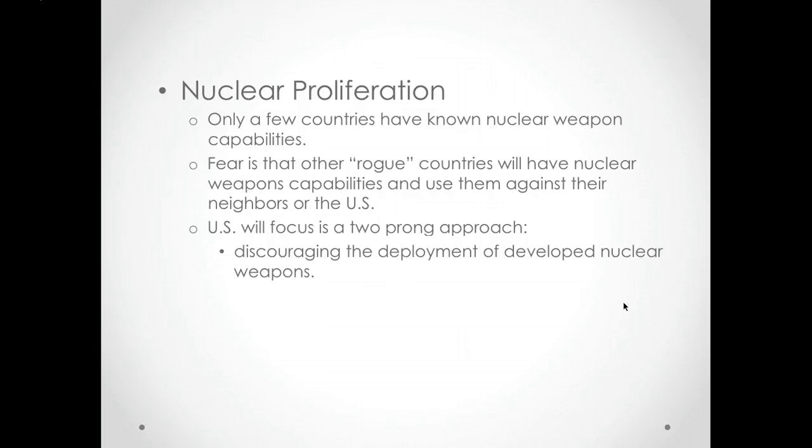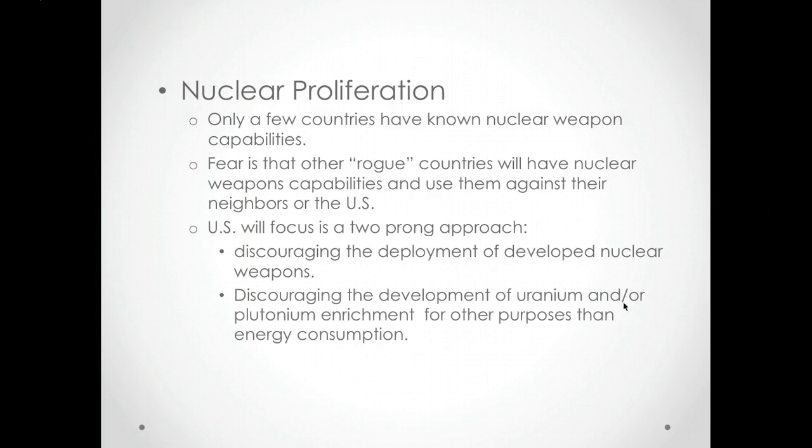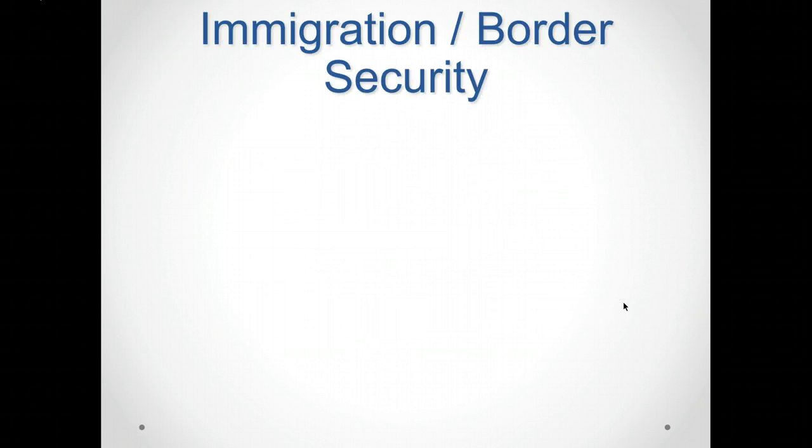The United States then gave them financial incentives to stop developing nuclear weapons, and as a result, for a while at least, it stopped the nuclear weapons program of North Korea. Okay. We've also created curbs on the export and import of uranium and plutonium around the world, especially our own resources.